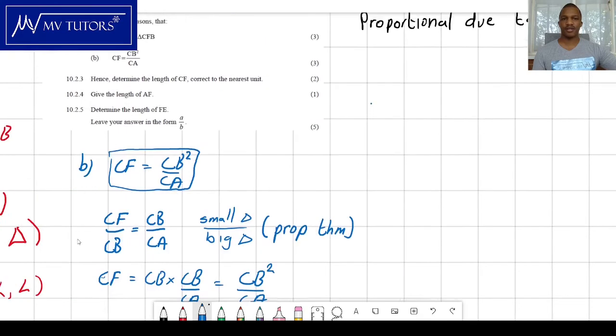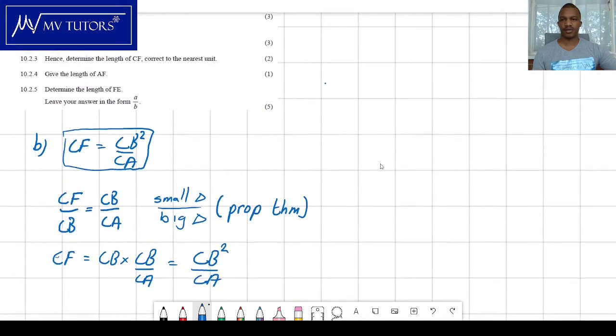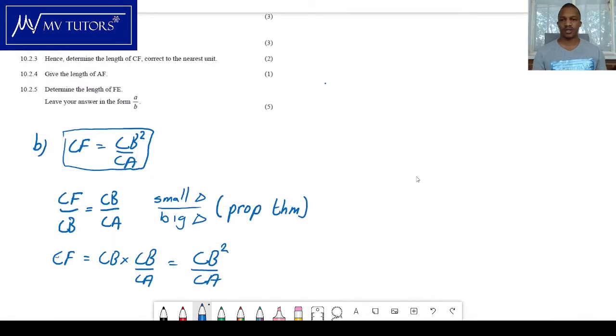Okay, hence determine the length of CF. So CF, that's cool. We can do that quickly. This is now 10.2.3.